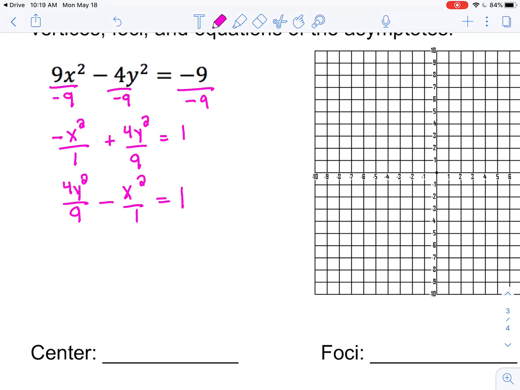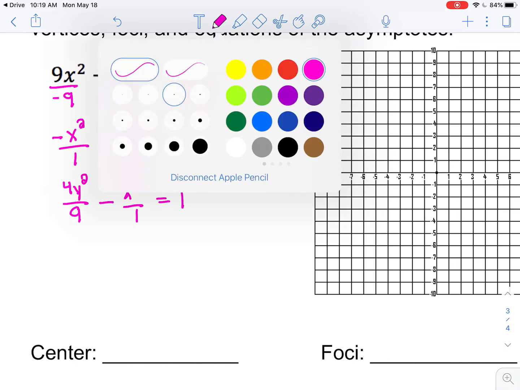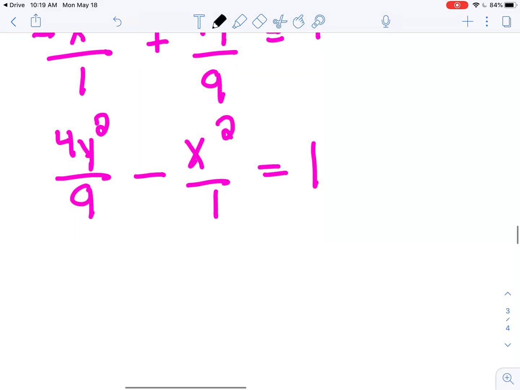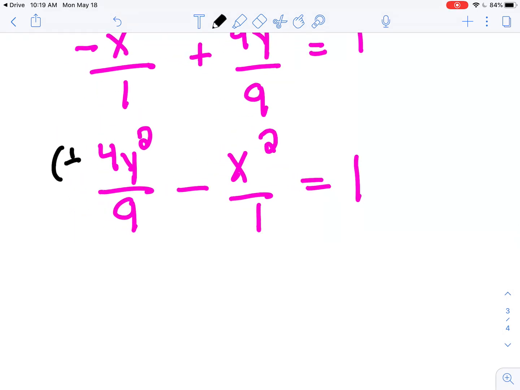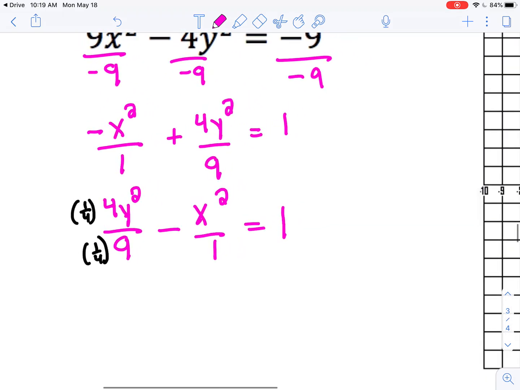So I'm going to multiply top and bottom by 1/4 so that I can get rid of the 4. So I have 1 over 4, 1 over 4. That's going to leave me with, up top, y squared. On the bottom I'm going to have 9 over 4 minus x squared over 1 equals 1.